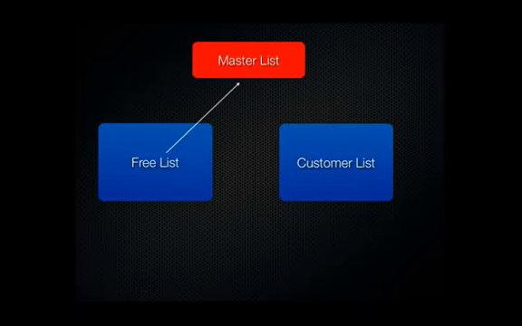And if they've purchased from you, then you know that they know you, they like you, they trust you, and all of that is very important in relationship building. Again, for that customer list, if they weren't already in a free list, they're automatically going to be added to the master list as soon as they become a customer.